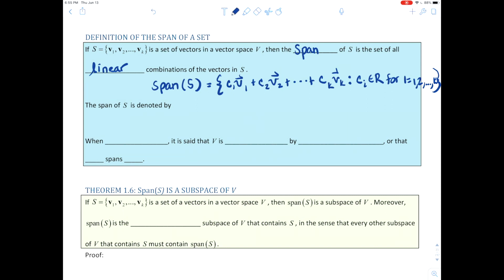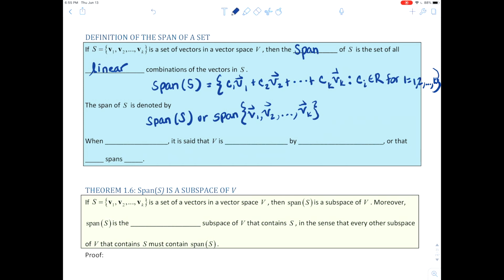Okay, the span of S is denoted by, you can either say, like we did before, span of S, or you can plug in what S is. So span of this set of vectors, V1, V2, all the way down to VK.